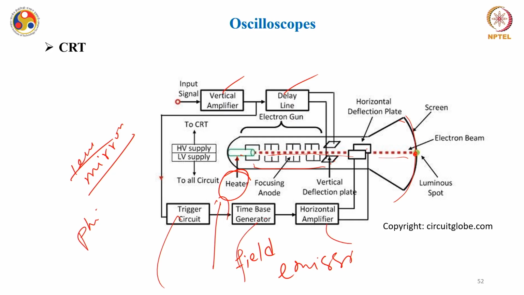So everything is present over here, and the electron beam gets deflected. The horizontal deflection plates are deflected by the output from this amplifier. Similarly, the vertical plates are fed by the vertical amplifier using a delay line, and accordingly you have independent movement of this electron beam, or this luminous spot, on the phosphor screen.